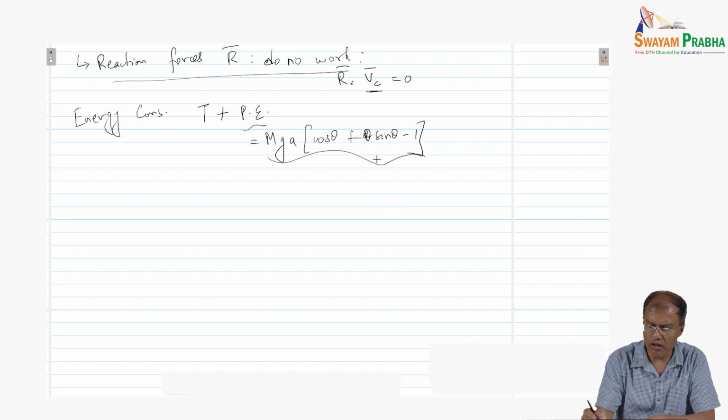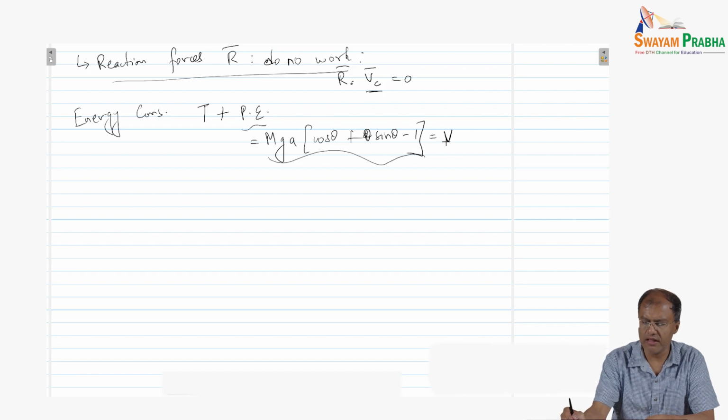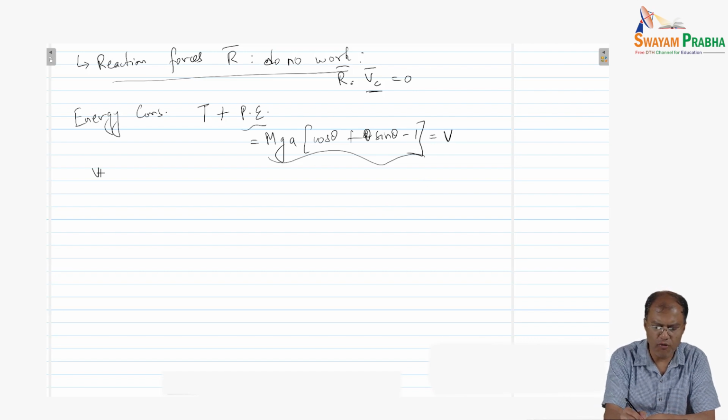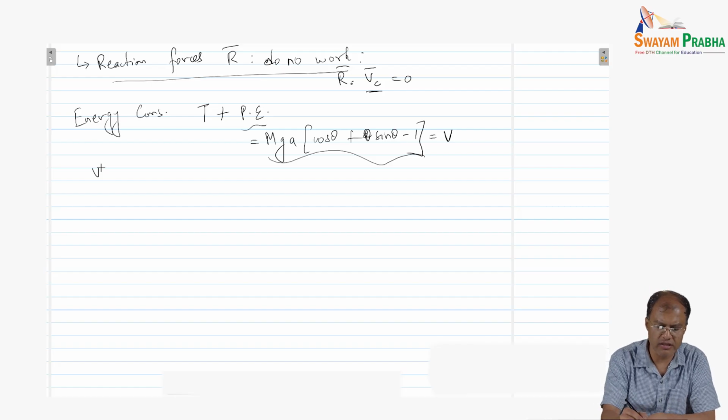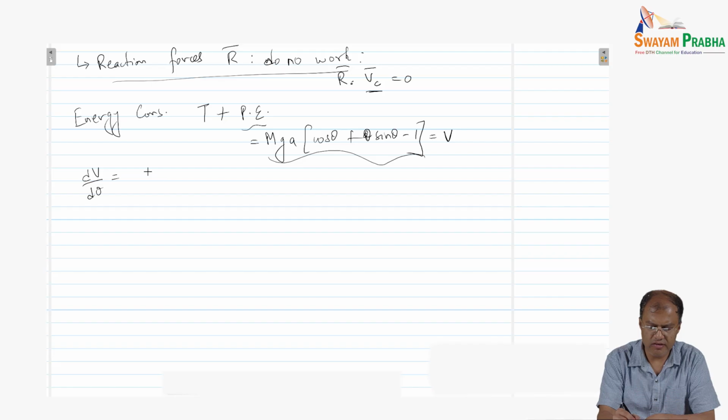So let me call this quantity here V, the potential energy, and we want to find the extrema of the potential. So dV d theta, we see that this is mGA theta cos theta, and of course we set this equal to 0 and find the value of theta here. Then we take the second derivative.